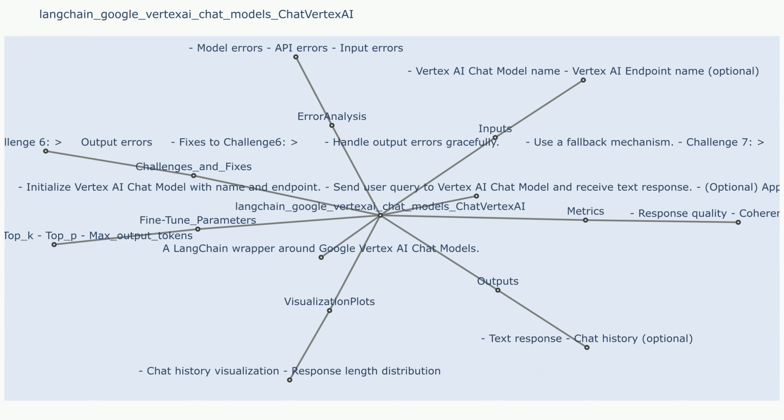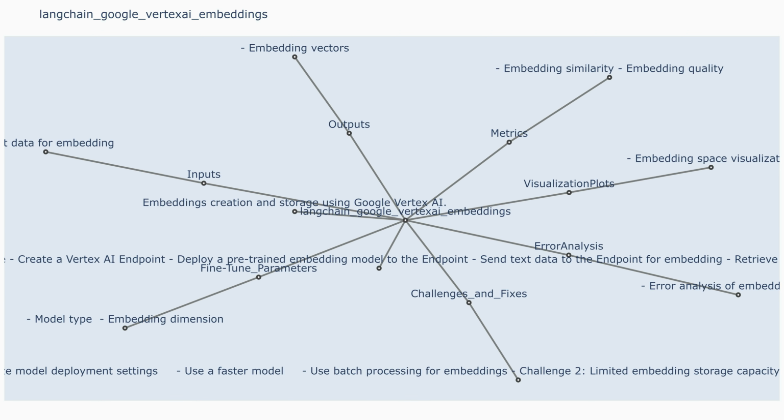Challenge 5: quota limits. Sample use case that resulted in challenge 5: exceeding the allowed number of requests to the Vertex AI model. Fixes to challenge 5: manage your requests by implementing rate limiting or batching to stay within the quota limits. Langchain Google Vertex embeddings.